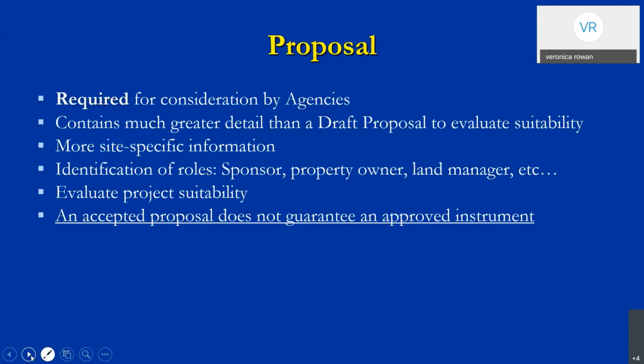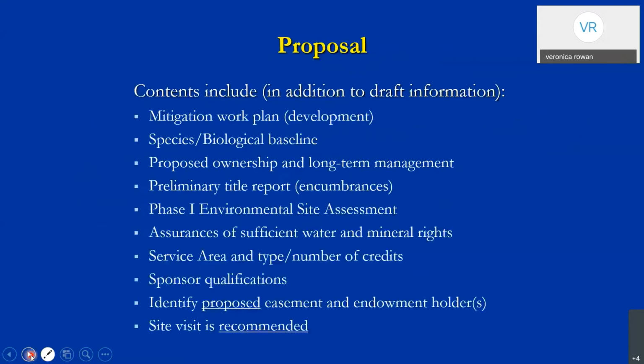It's important to note that the agencies and the review team will always have discretion, up until the time a bank is established, to determine whether a bank document will actually get signed. So as I was alluding to before, the proposal contents include the development plan if there is one, obviously if the species is on site, and what the biological baseline is.